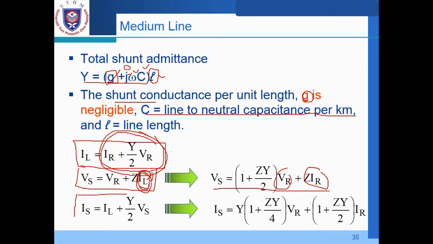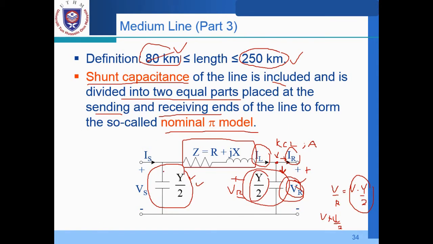Similarly, this is for IS. Let's say we have a point on node B, so we try to apply KCL at point B. We have this current downward, which is equal to Vs multiplied by Y over 2, the inversion of R or ohms, and then this current to the right is IL.